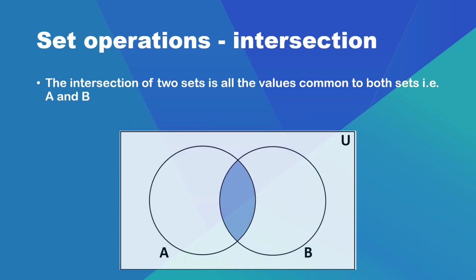The intersection of two sets is all the values common to both sets, that is, any value that is in set A and in set B. So, if set A is 1, 3 and 5 and set B contains 4, 5 and 6, then the intersection of sets A and B would simply be the value 5, as it's the only one in both sets.